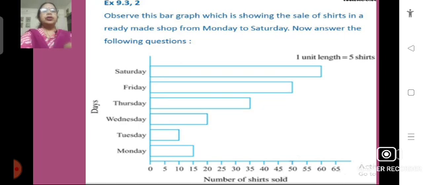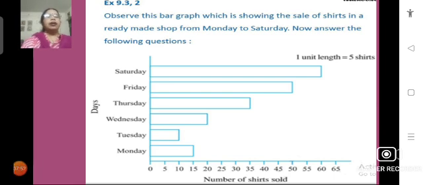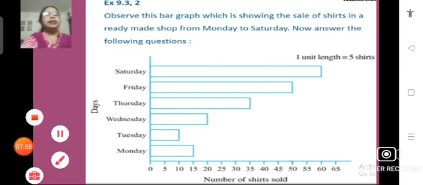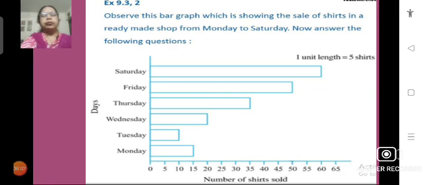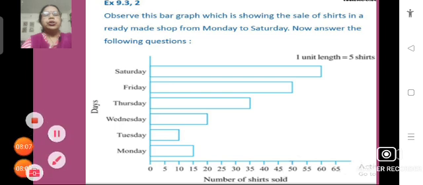Now question number 2, exercise 9.3. Observe this bar graph which is showing the sale of shirts in a ready-made shop from Monday to Saturday. Now answer the following questions. Children, this is a horizontal bar graph.